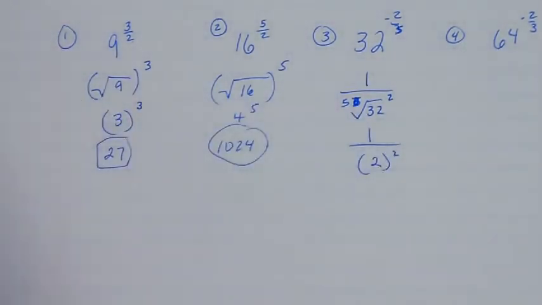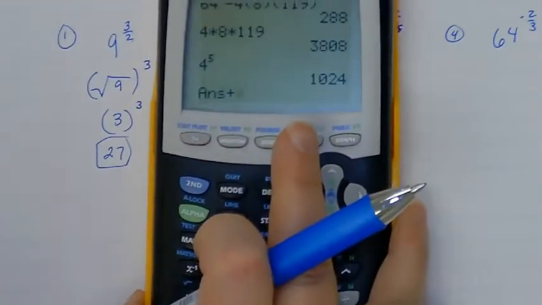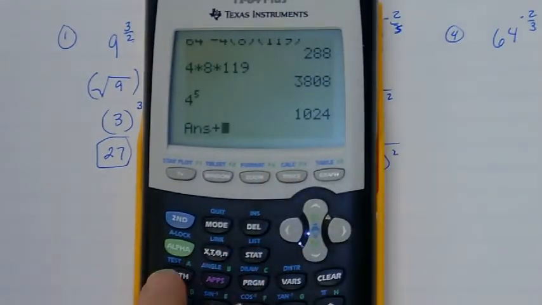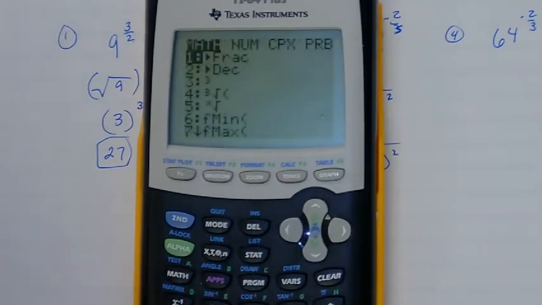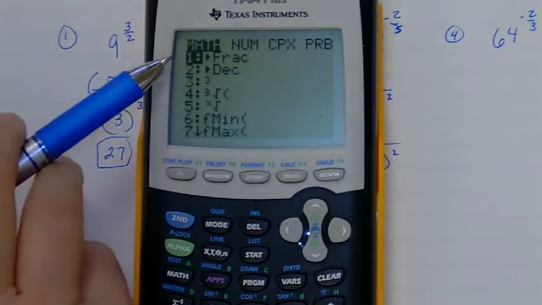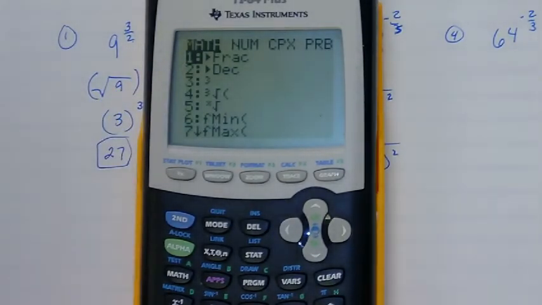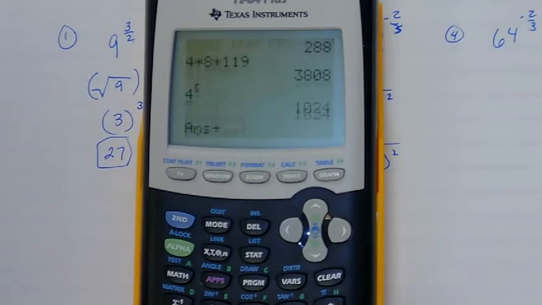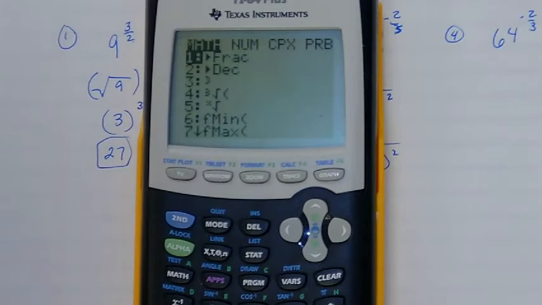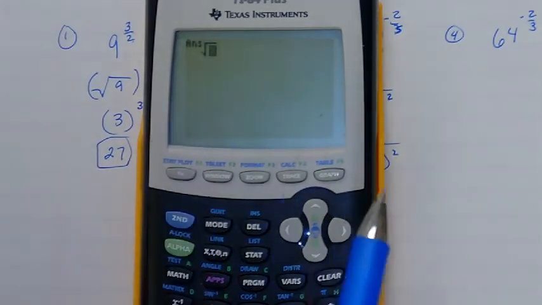If you have a graphing calculator, let me show you what you push to find that. If you push the math button, which is right below the green key, it brings up a screen that looks like this. Option number 5 will let you enter a different number, a different number in here besides a square root.